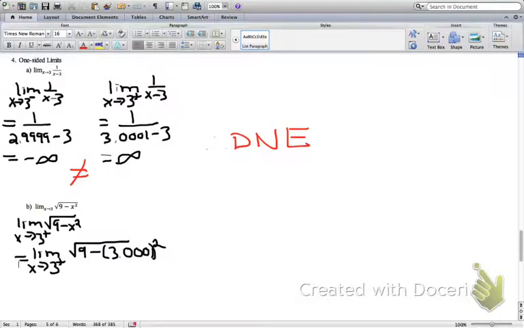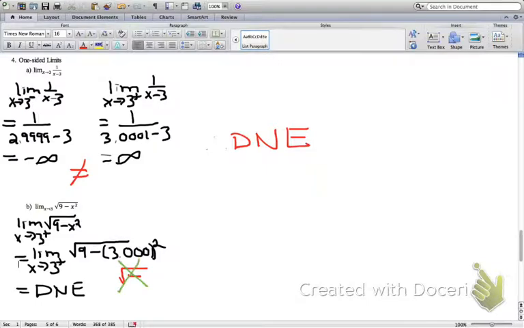And we're going to get that this doesn't exist. So therefore, this doesn't exist at all, because it's going to be 9 minus a larger number, and we can never take the square root of a negative number. Anytime that we have a negative square root of any kind, we know that this can't be done.